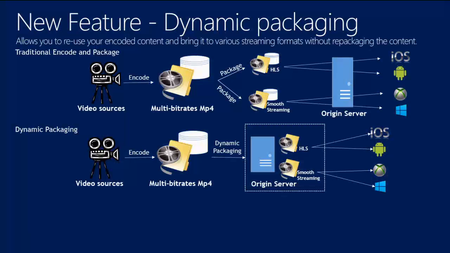So in this case, it saves you time to package those intermediate sets, and most importantly, it saves you a lot of storage space. You don't have to store all those HLS content and smooth streaming content.